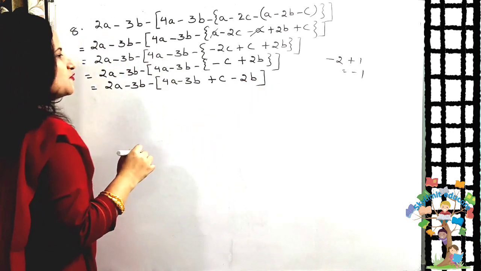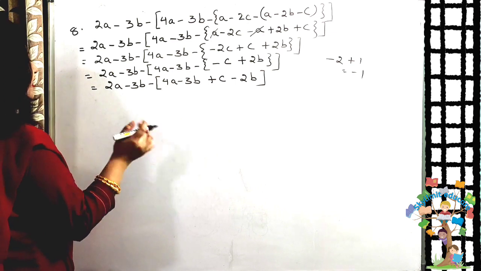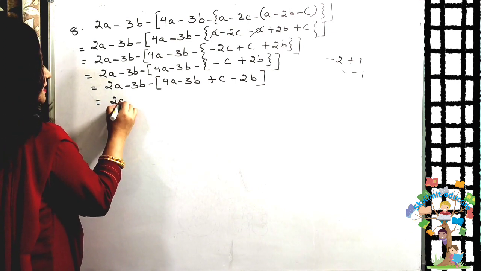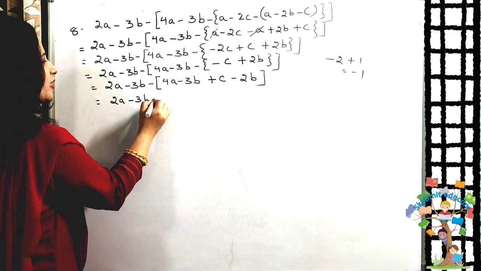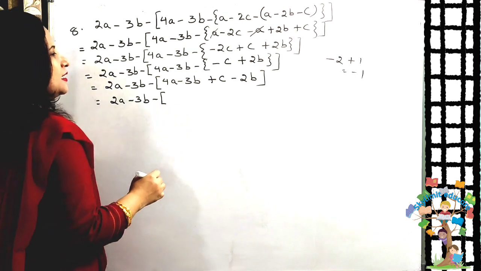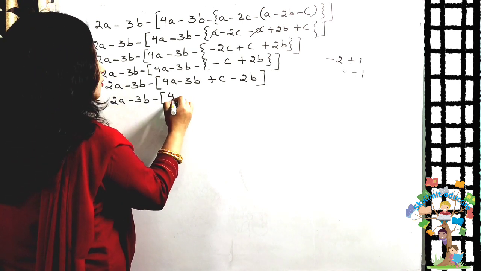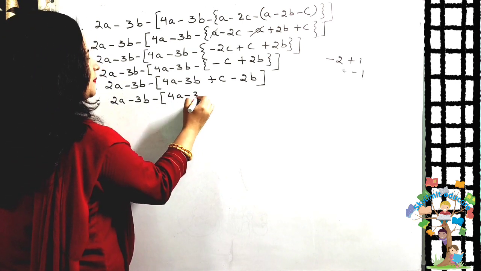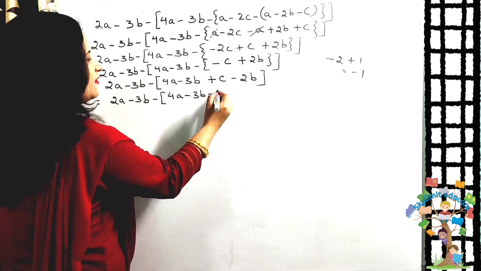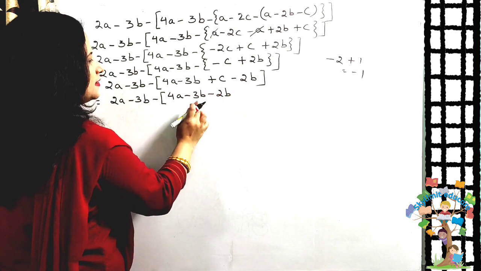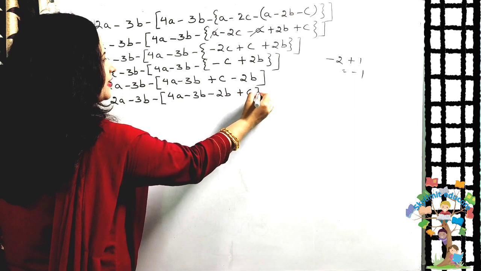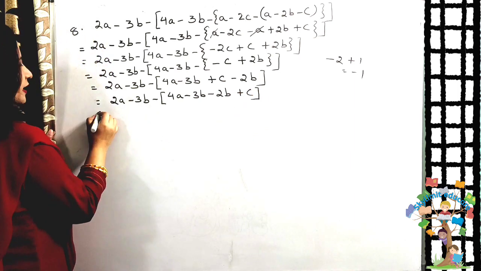Now we have successfully removed the curly bracket also. Next, let us solve the square bracket, whatever like terms are there inside. So yes, 4a but no like terms, minus 3b is paired with minus 2b, both are like terms, plus c I have kept at last. Clear?